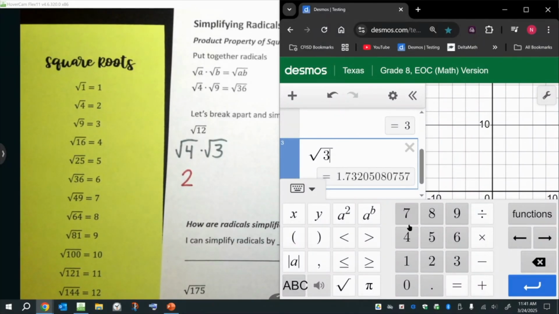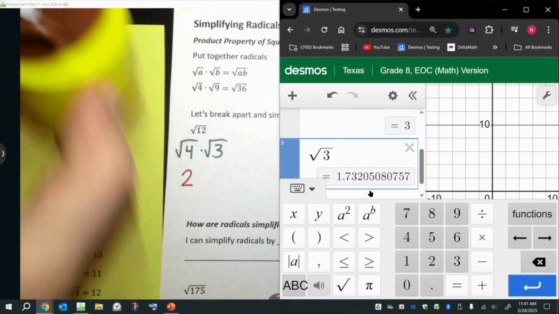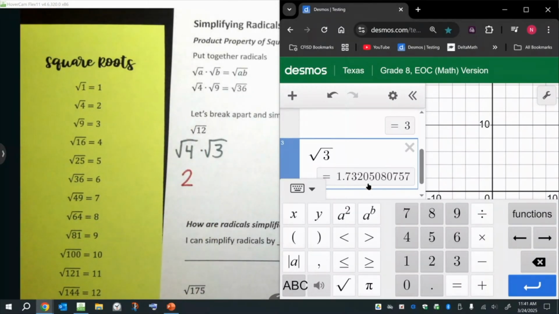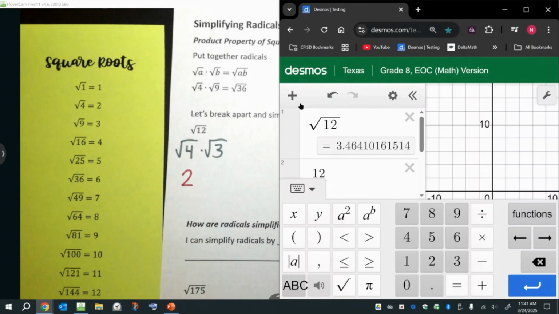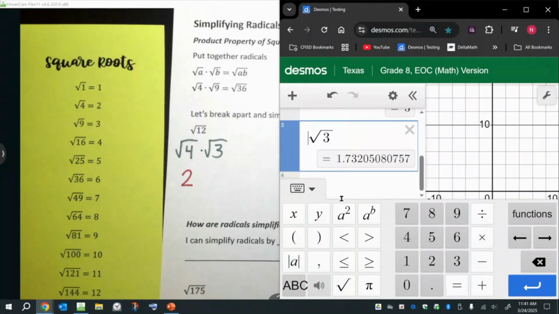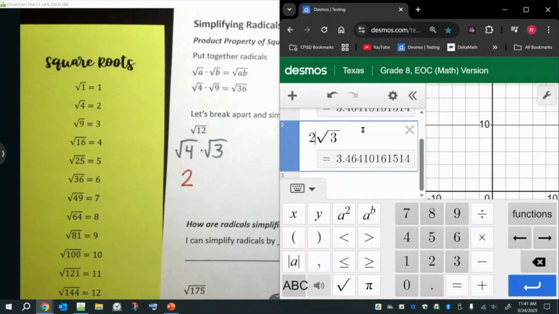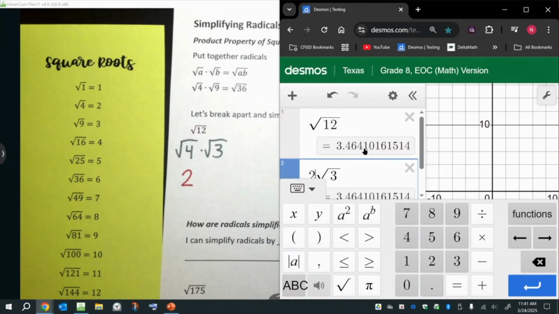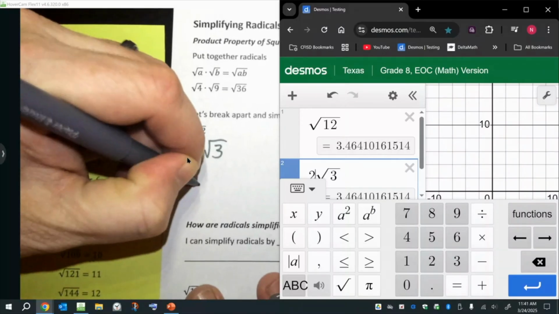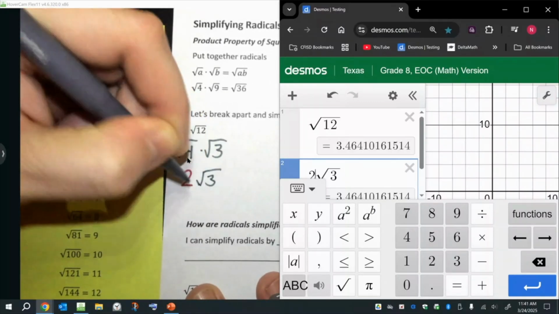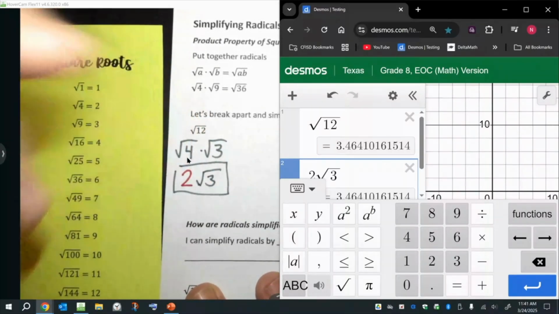And I can't break this down to anything else, right? So here's what we're going to say. Square root 12 and 2 root 3 are the same poopy number. Do you agree? So this is simplified as 2 square root 3. That would be my answer.